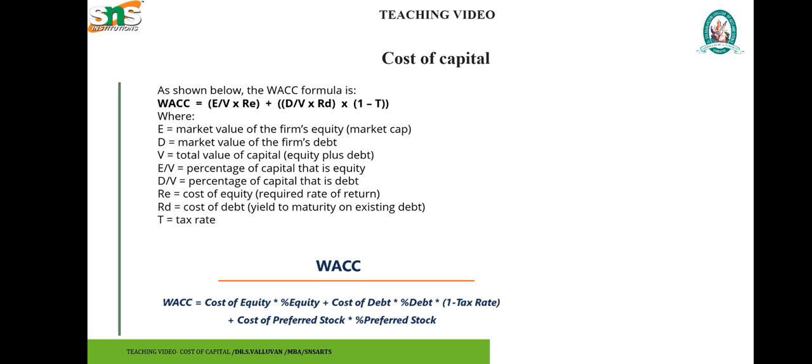This is the formula of weighted average cost of capital. WACC is equal to E divided by V into RE plus D divided by V into RD into (1 minus T).